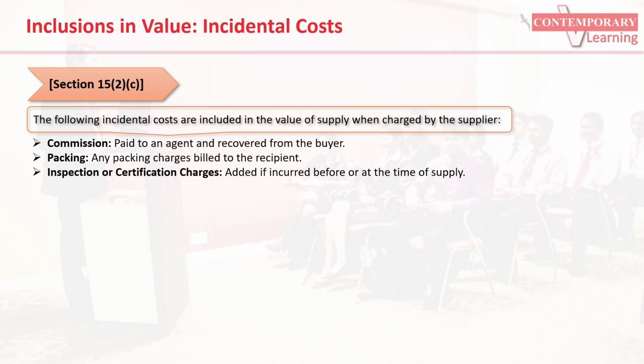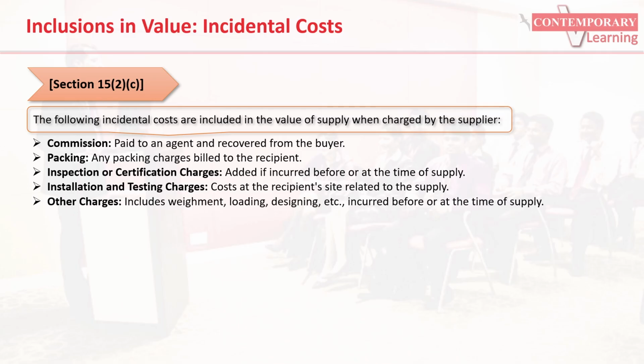Inspection or certification charges, if incurred before or at the time of supply, are included. Installation and testing charges at the recipient site related to the supply are included. Other charges like weighment, loading, designing, etc., incurred before or at the time of supply are included.